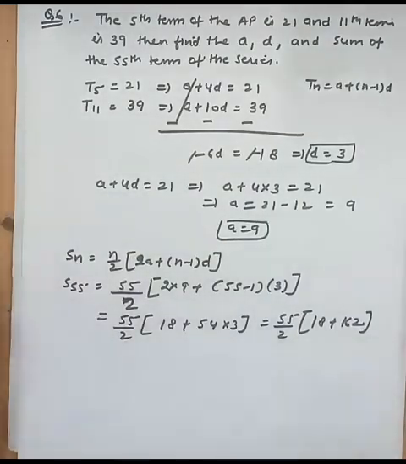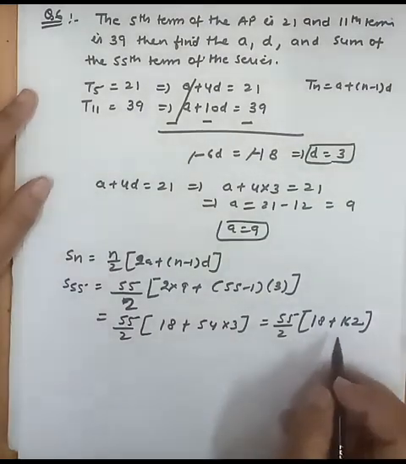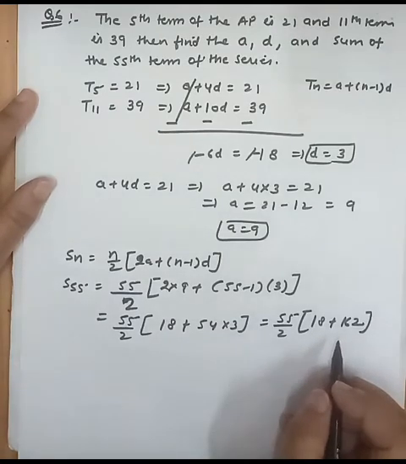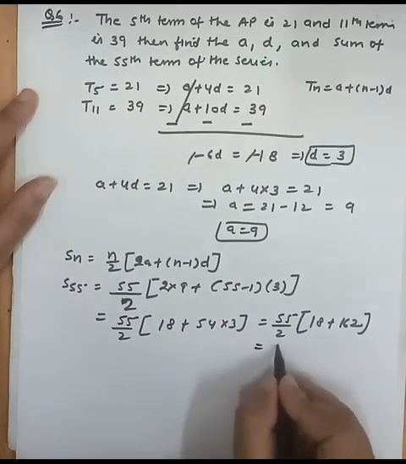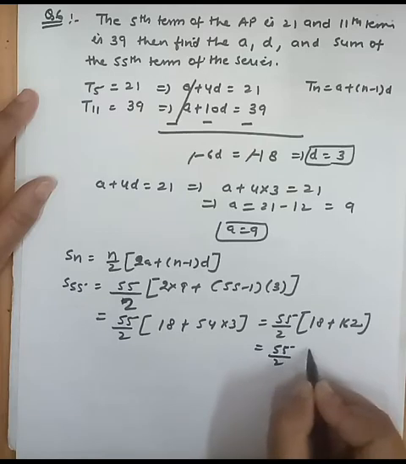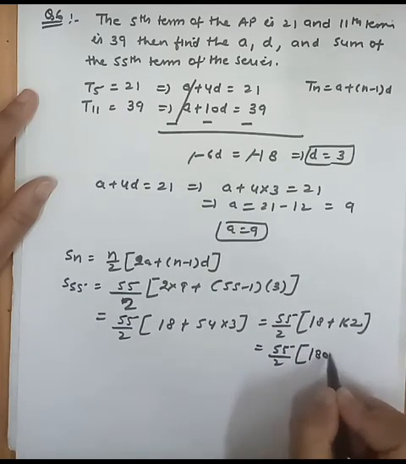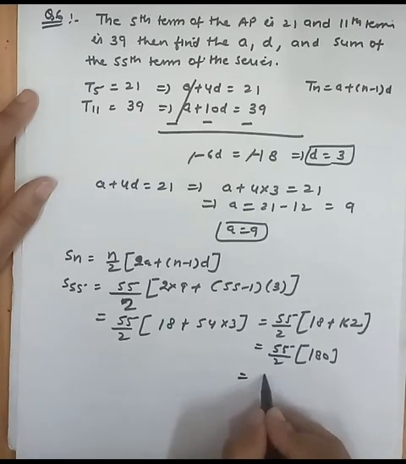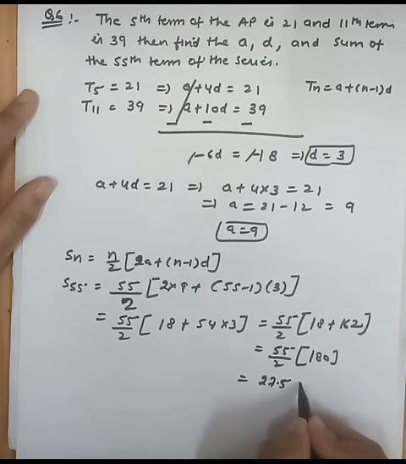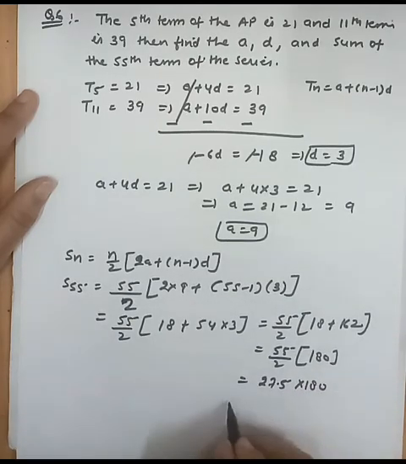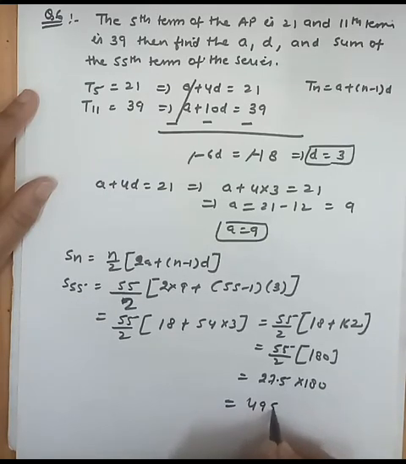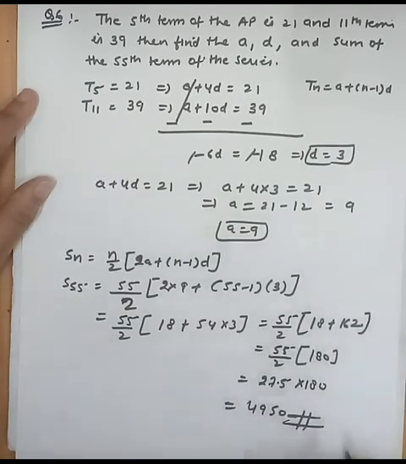So 55 by 2, 18 plus 162, and this is your 180. So this can be written as 27.5 into 180. So we get 4950. So this is your answer.